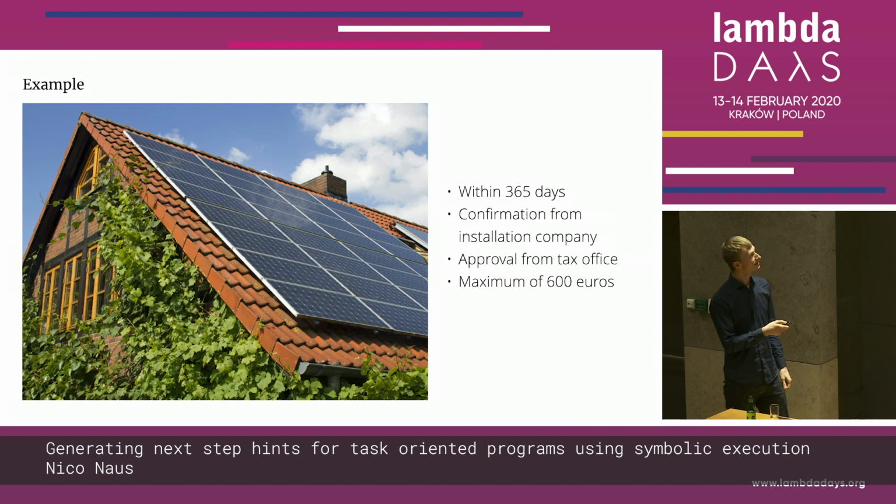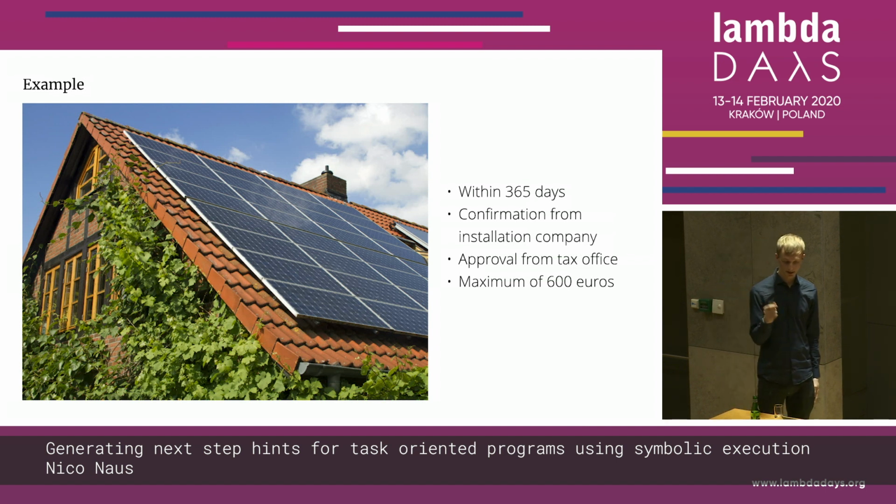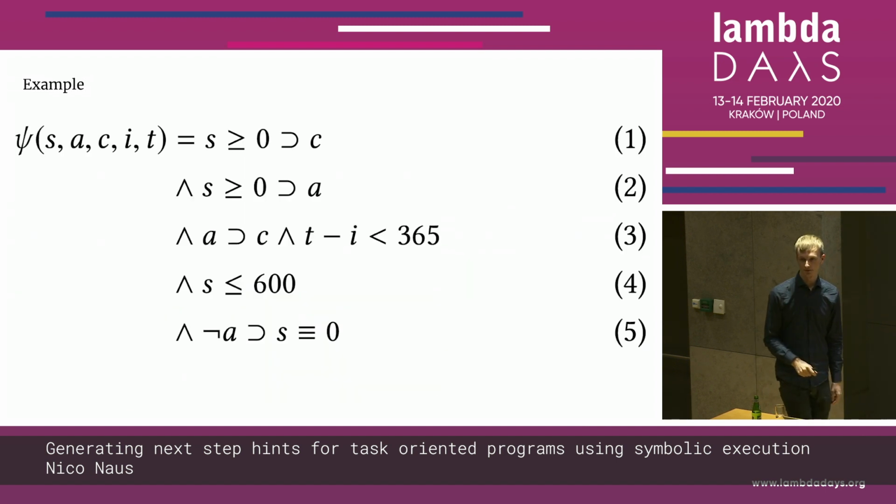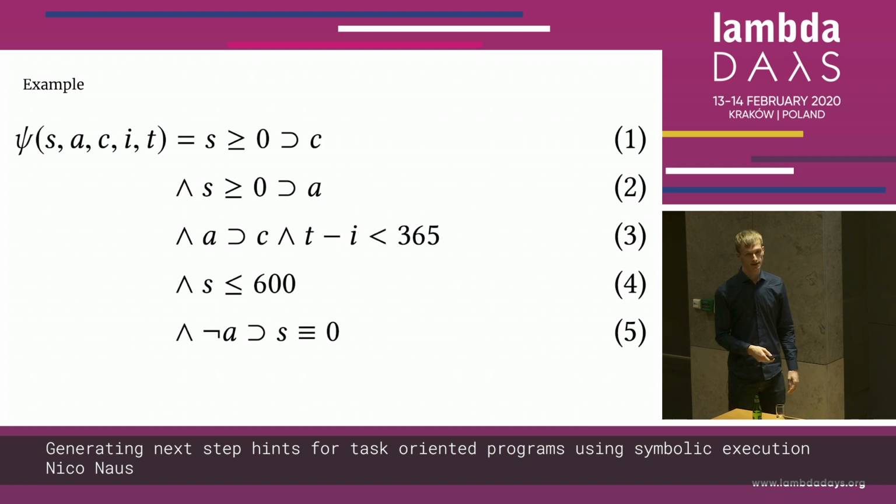All right, so now going back to the solar panel example, let's verify this. Remember, we have a few requirements for this program. The citizen needs to apply within 365 days. We need confirmation from the installation company, and we require approval from the tax office, and we can get at most 600 euros. When we turn this into a property for this program, it looks something like this.